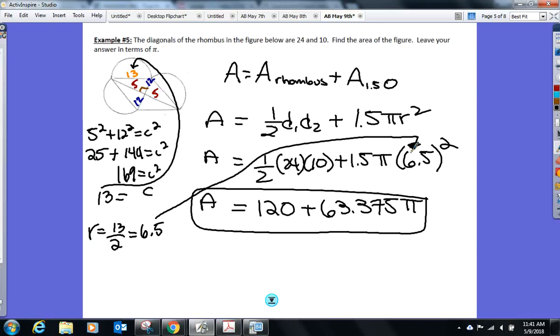How did I get 63? Because I did 1/2 times 6.5 squared and left the pi out. So 6.5 squared times 1.5. Because there's 1.5 circles in that diagram.